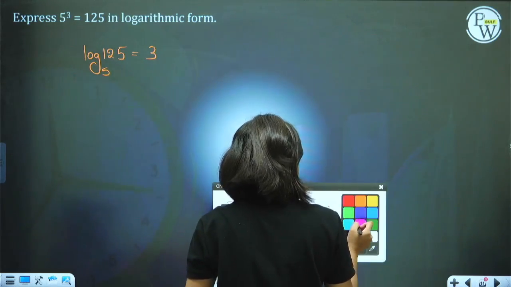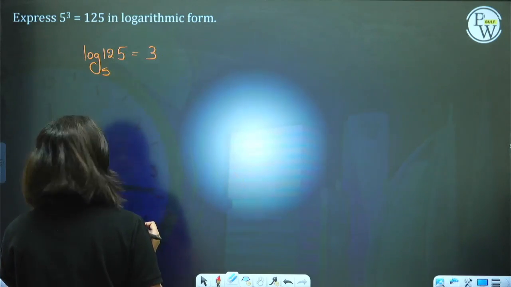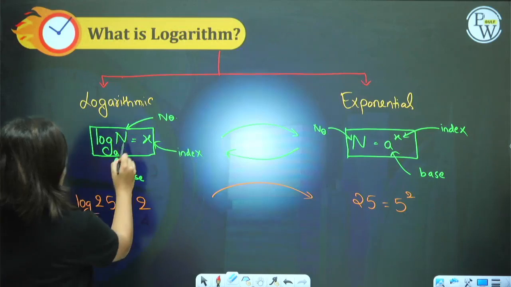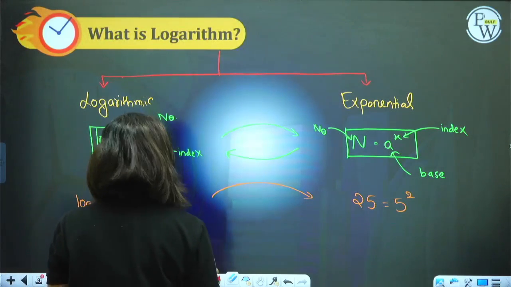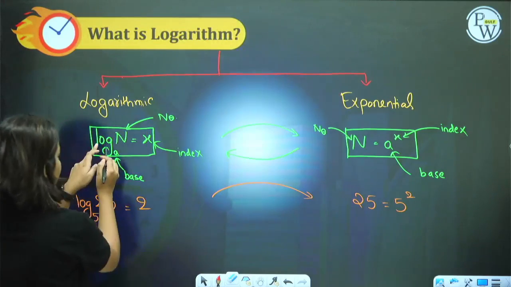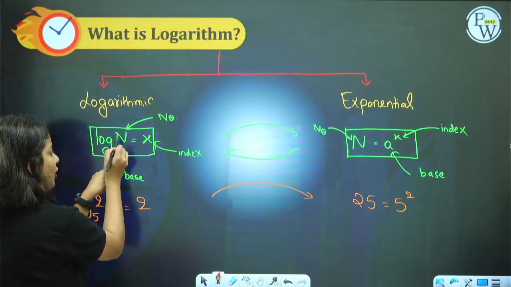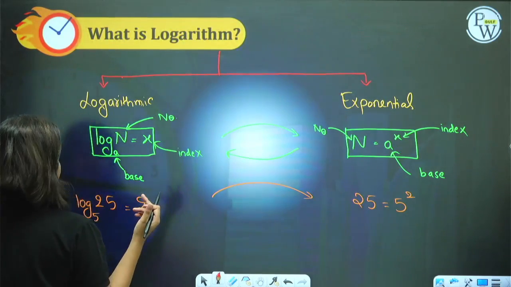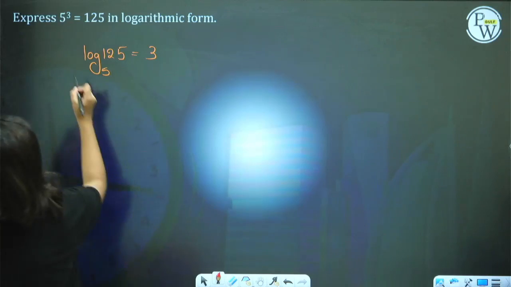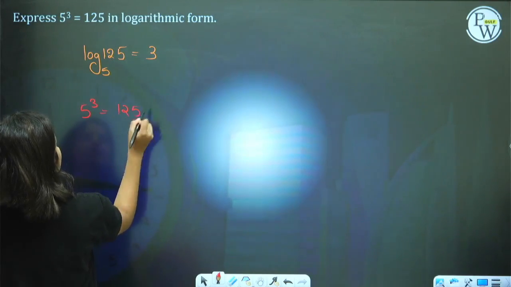Guys, in order to understand log, you have to read it this way also. When I say log of n to the base a is equal to x, you have to ask a question to yourself: a raised to what power will give me n? A raised to x is n. For example, here 5 cube is equal to 125.